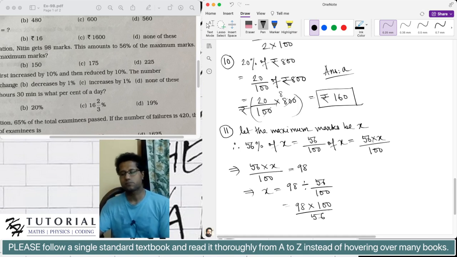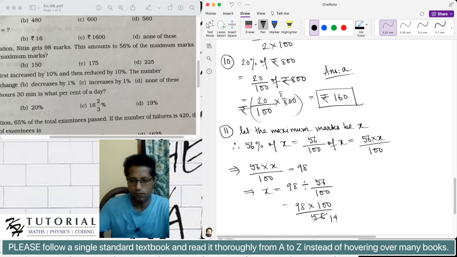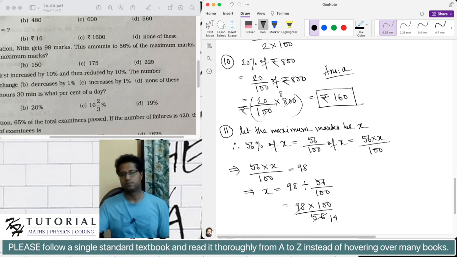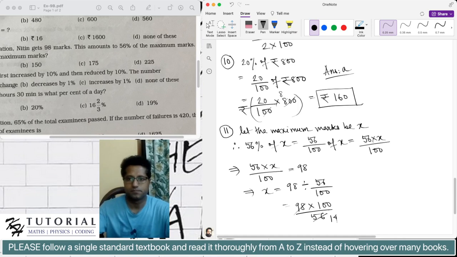Now 4 cancels 56 with 14, 4 cancels 98 with, no, 4 does not divide 98. So 2 divides 56 with 28, 2 divides 98 with 49.